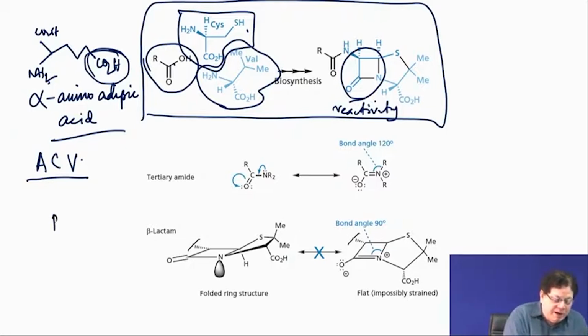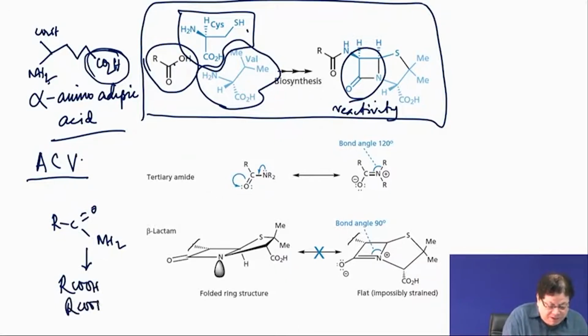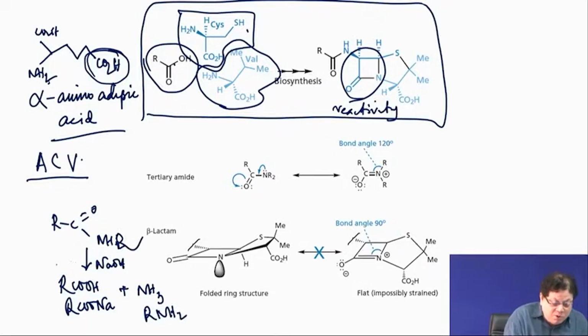Like if you take an amide RCONH2 and heat it with alkali, say NaOH, you get RCO2H or RCO2Na, because you are using alkali, and you get ammonia, and if it is NHR, then you will get RNH2, the amine. But in order to do this, you have to heat it with alkali. It does not work at room temperature, or if you want to do it at room temperature, then you have to wait for months and months for the hydrolysis to take place.